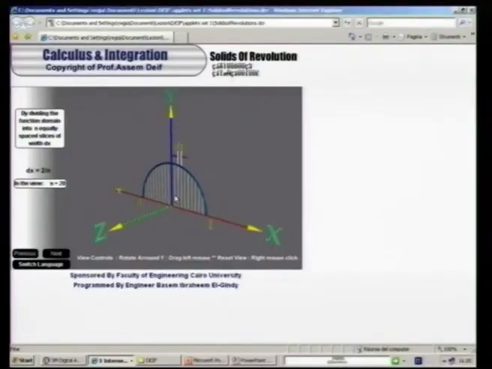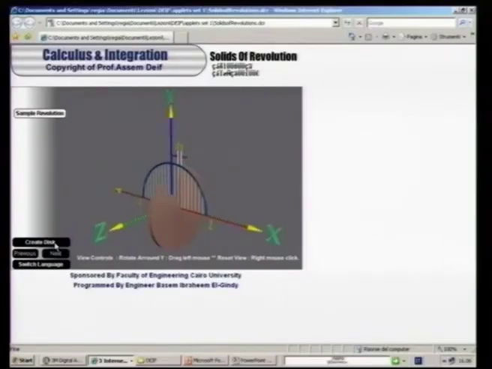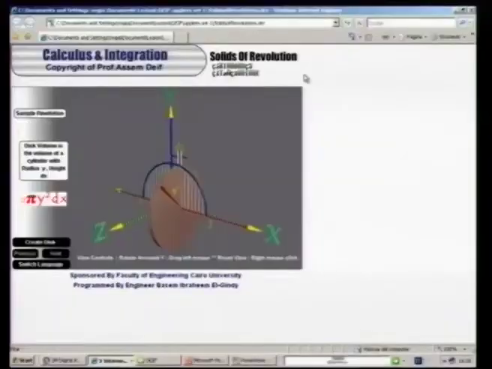What you do is subdivide the interval from -1 to 1 into many subdivisions, and then let each subdivision rotate about the x-axis like this. Here is what you get: a disk, or a cylinder. Now you can allow this cylinder to scan over the whole interval from -1 to 1.